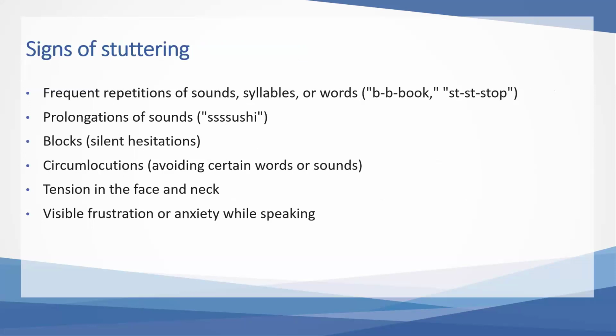So there's a lot of tension and a lack of airflow that happens. You can also see signs of stuttering if a child or student is avoiding certain words or sounds. Again, if there's that visible tension or frustration or anxiety while speaking. And these can all come in a variety of forms, if it's a mild stutter, a moderate stutter, or a severe stutter.